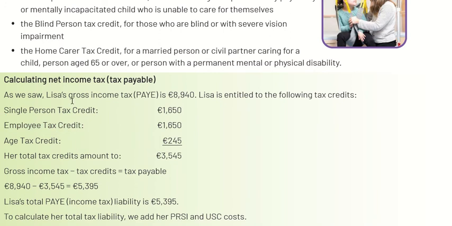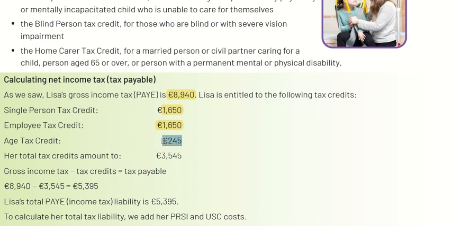Okay, so back to Lisa's example, her liability for PAYE is 8,940, when we worked out 20% and 40%. But she has credits. If you work you get 1,650. If you're single, 1,650, and if you're married there'll be a separate one there.